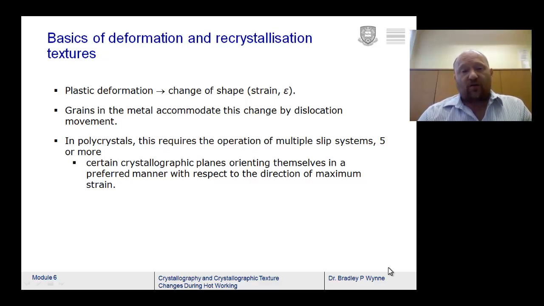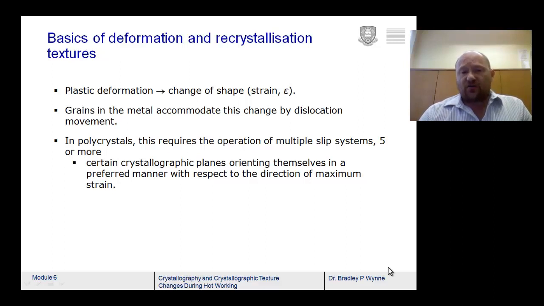For example, I find one grain at a certain orientation with respect to the macroscopic axis. In theory, if I have 1,000 grains, there may be only 2 grains that have that orientation. But when I look at the material, I see that there are 10 grains that have that similar orientation. So in that case, I have 10 divided by 2 multiples of random intensity. So I have a texture strength of 5.